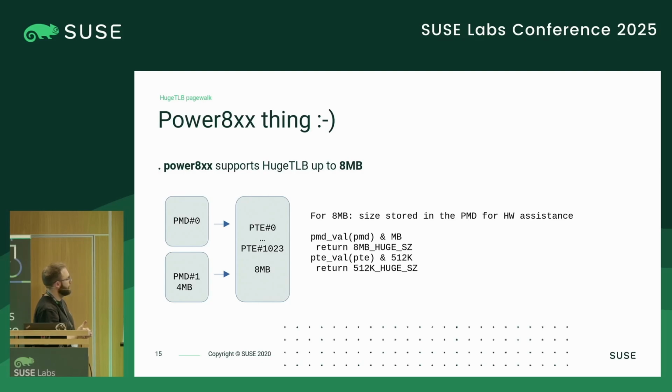So at LSFMM it was said that we either special case these internally in the API or we might drop support for HugeTLB on this platform, because it's a pretty old one, and it's a pity that it creates those headaches.